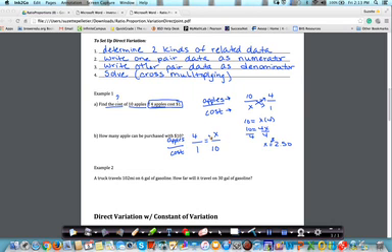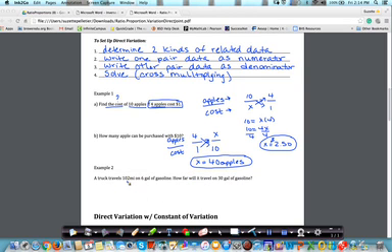So this time my variable's in the numerator, and again I'm going to cross multiply. So 1 times x is x, and 4 times 10 is 40. So that means that I can purchase 40 apples for $10. And some of you might have been able to do that in your head, and that's totally fine. I just want to make sure that you know how to set these up for the ones that you can't do in your head, okay?